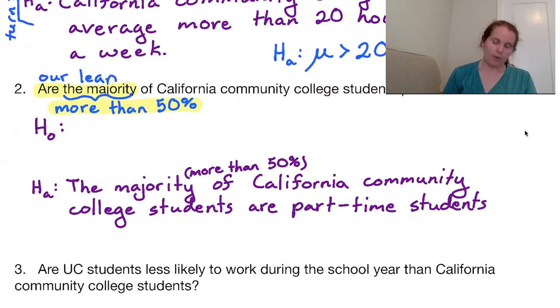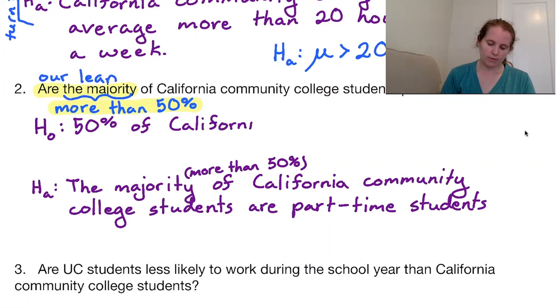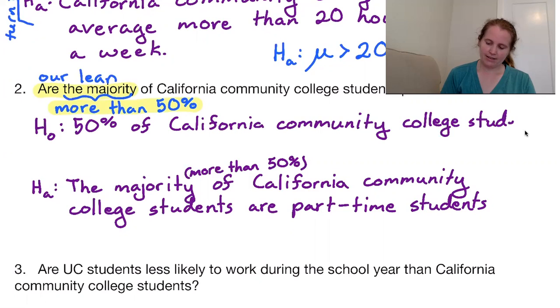And then our null hypothesis would just be that flat equality, so 50% of California community college students are part-time students.